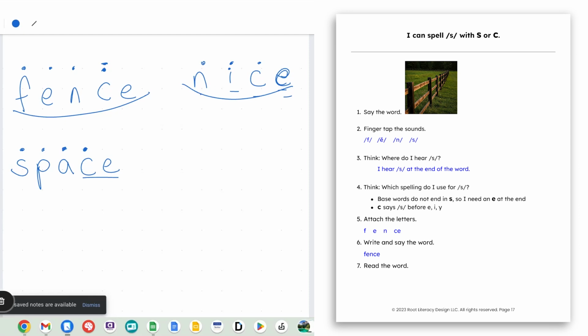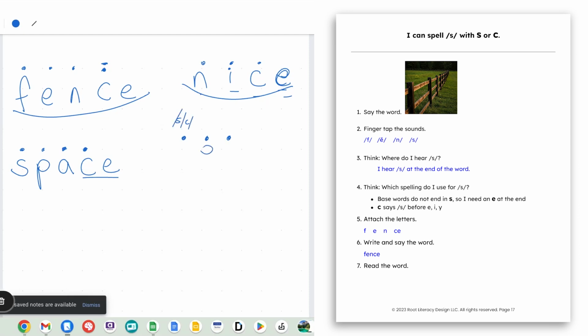Let's try the word center. So I would repeat the word center. This is a multisyllabic word, so I'd have my students hum the word. The first syllable is sen. So I tap it out. S-E-N. What spells S? And it could be an S or a C, right?